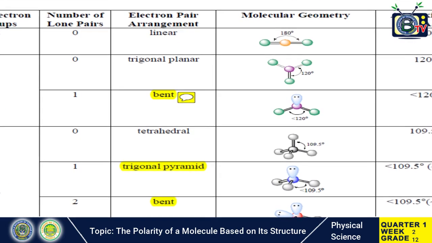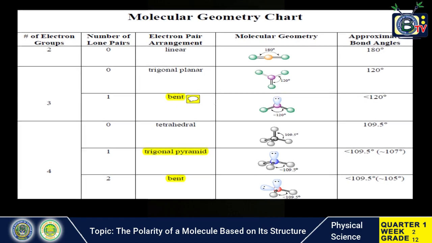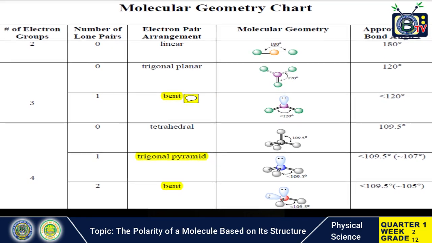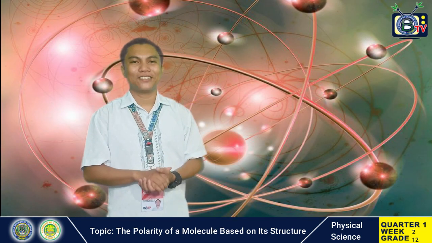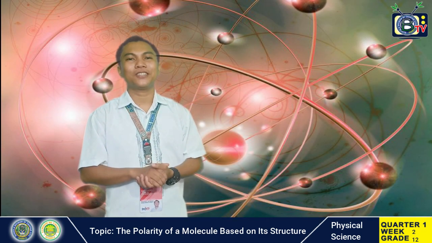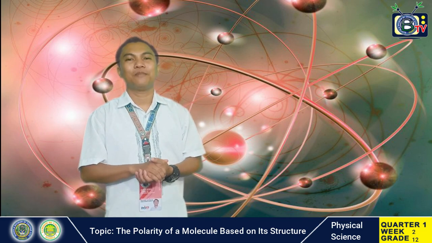In our example, using the Lewis dot structure, we could say that the shape of water molecule is bent, since there are 4 groups of electrons, or there are 2 bonded electrons and 2 lone pairs of electrons on the central atom. Another example is the boron trifluoride or BF3.